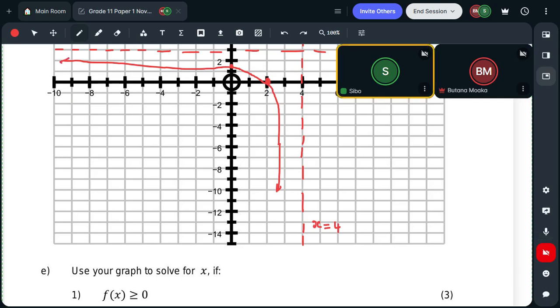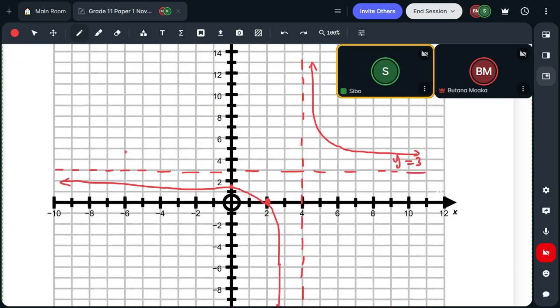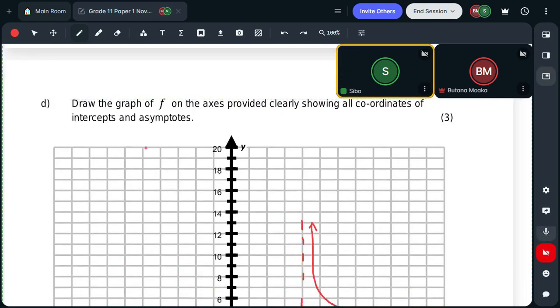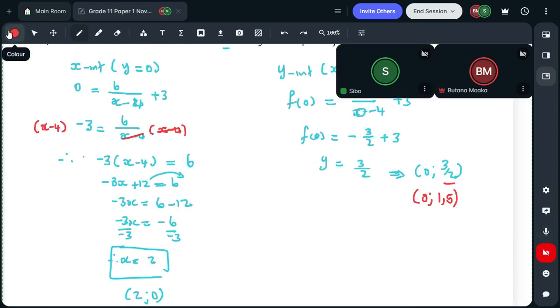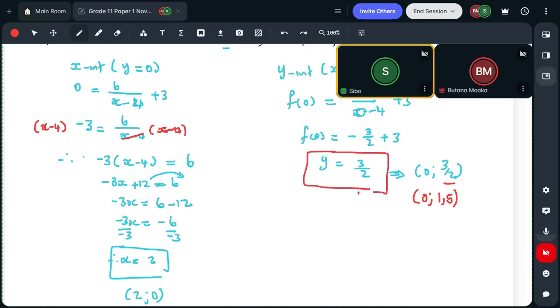Wait, sorry. What's the point of intercept? Like for the second one, y is equal to 3. Wait, what? Oh, 3 over 2. Okay. Y is 3 over 2, 1.5. 2 and 0. Okay, I'm seeing now.